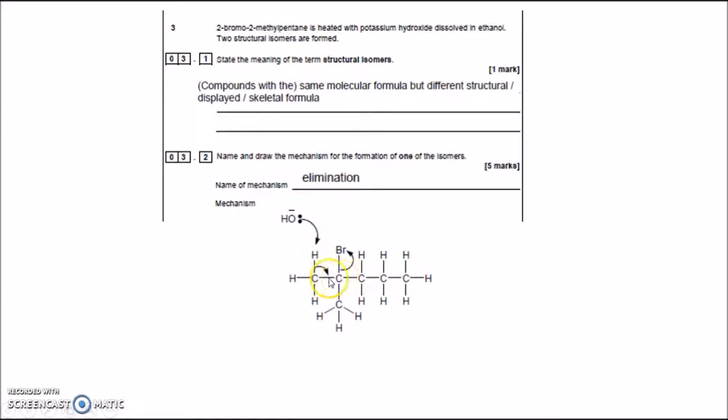Now, this 2-bromo-2-methyl pentane doesn't know left from right, so I could go the other way and go to the right, from the Br down to the C and to a neighbouring C that way, and I could have that H as my one that it attacks. And that's why it says formation of one of the isomers, and 2 structural isomers are formed. It depends whether that OH minus and lone pair goes for that H on the C next to the CBr, or whether it goes for that H on the C next to the CBr. It could go for either of those two.